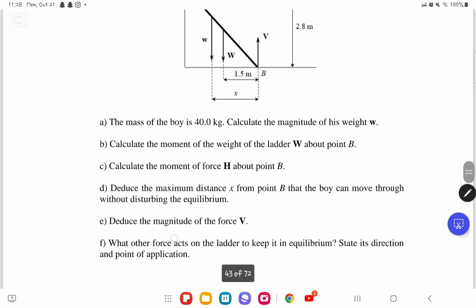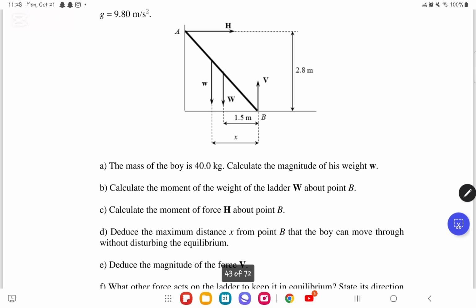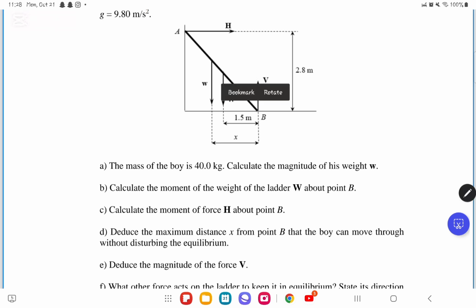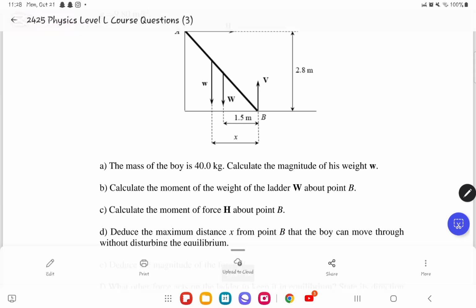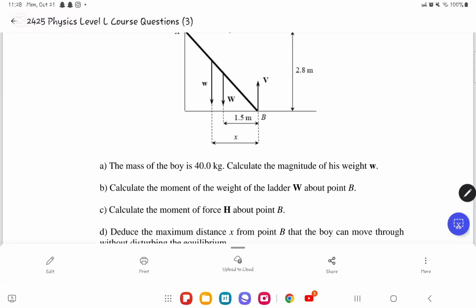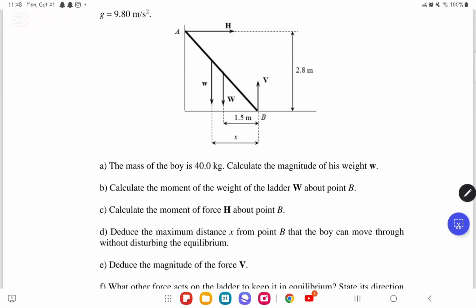Now E, deduce the magnitude of the force V. We can apply the rule that all forces up equal all forces down.